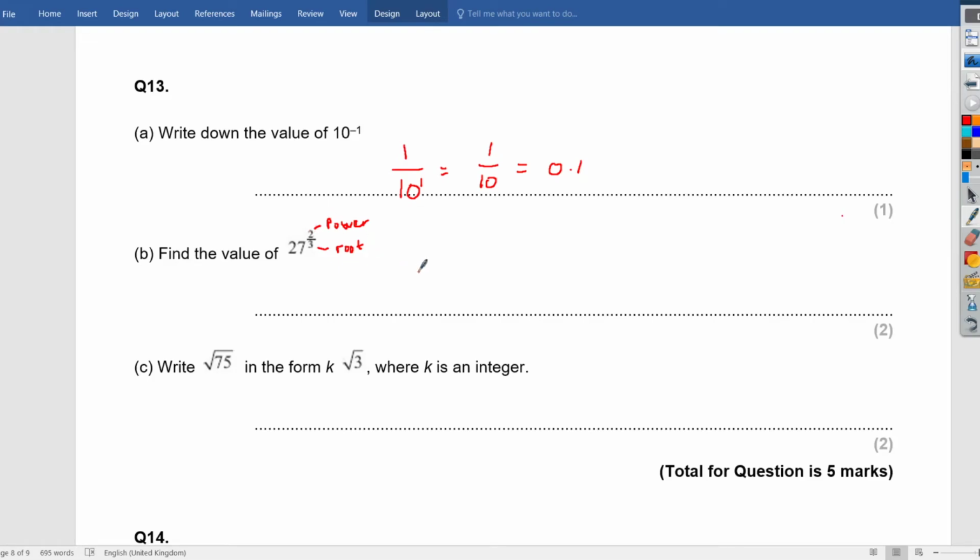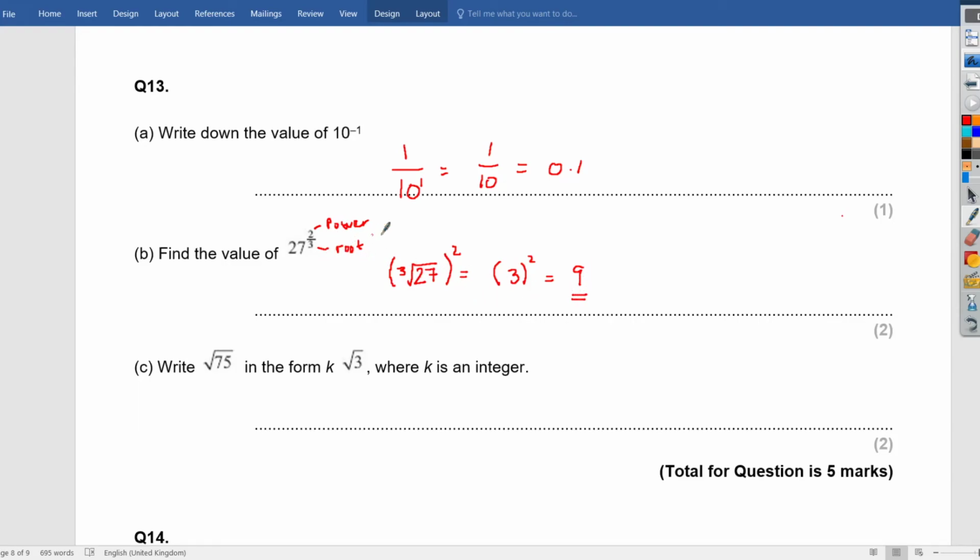Okay, so if I do the rooting first, so I'll get 27, and I cube root that, then put brackets around it, and then put the square outside. So cube root of 27 is 3, because 3 times 3 times 3, 3 times 3 is 9 times 3 is 27. And then if I square that 3, which is 3 times 3, is 9.